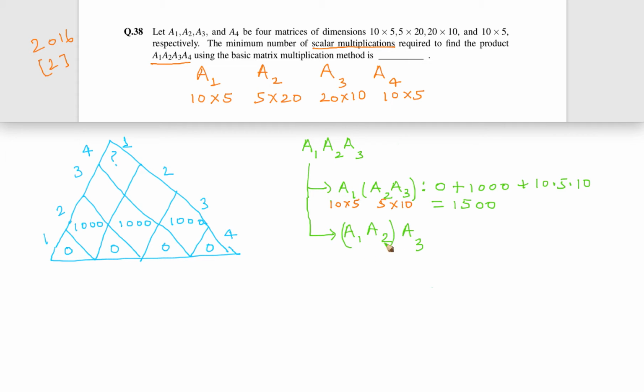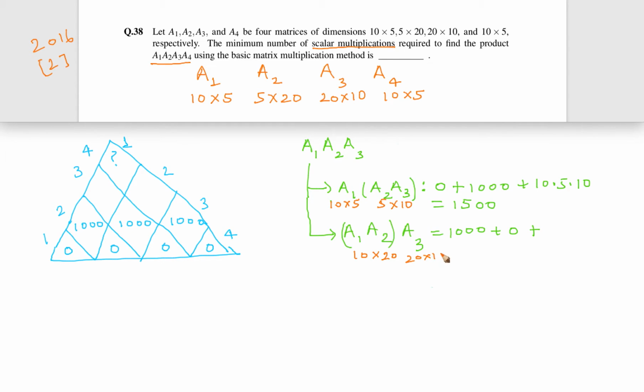Now let's come back to another way. Firstly, if we multiply a1 into a2, this sub problem is already solved: a1 a2 is 1000. a3 is just a single matrix, so there are no more scalar multiplications. The resultant matrix a1 into a2 has dimension 10 cross 20, and a3's dimension is 20 cross 10.